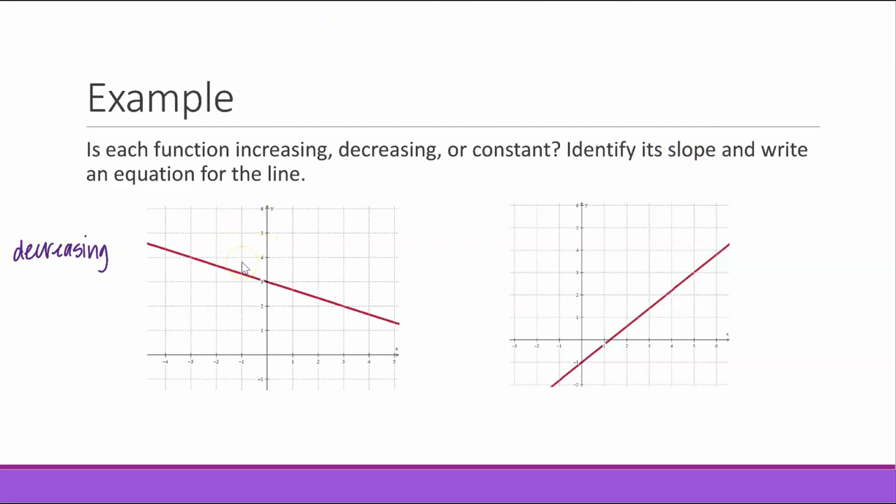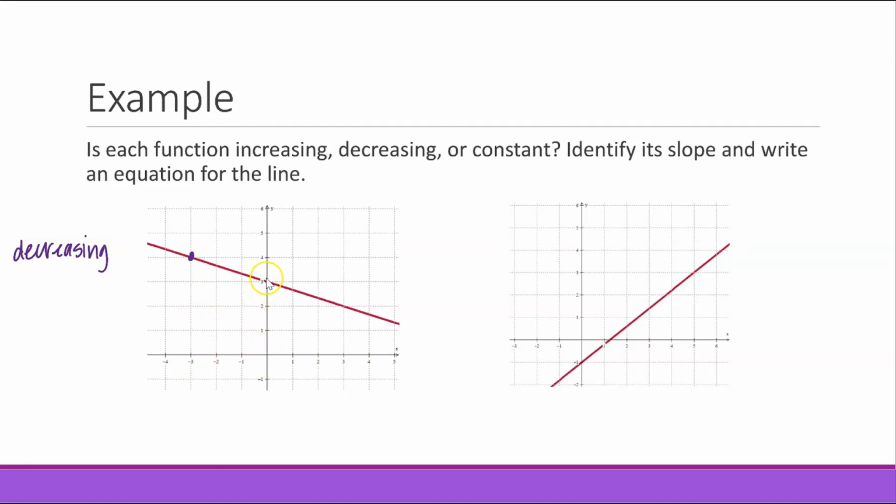So to find the slope, I need 2 points on the line. And when I choose these 2 points, I want to make sure and pick points that fall on integer values. I don't ever want to approximate a point value. So in other words, I'm going to go ahead and pick this point that I can clearly see is at -3, 4.